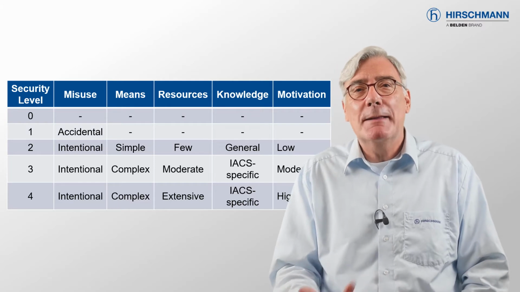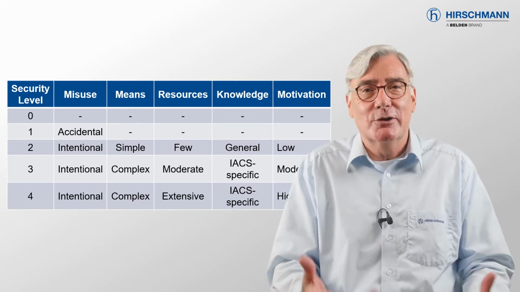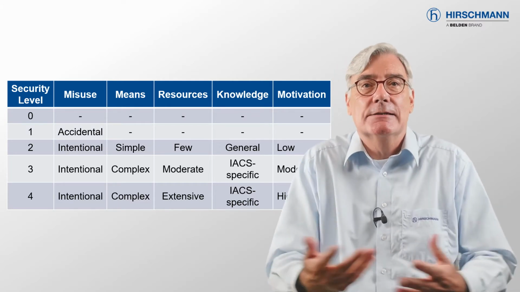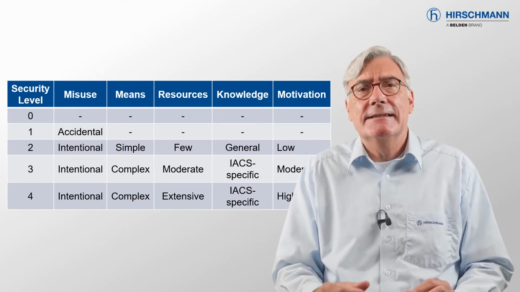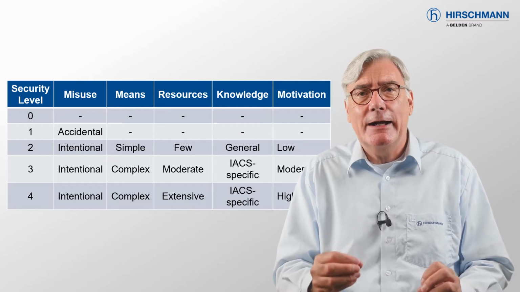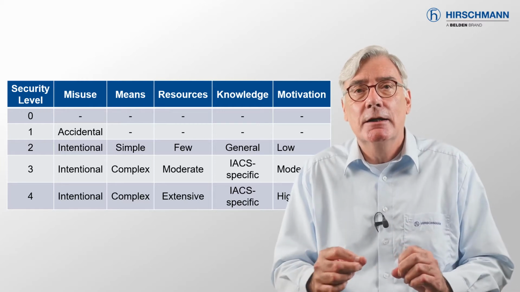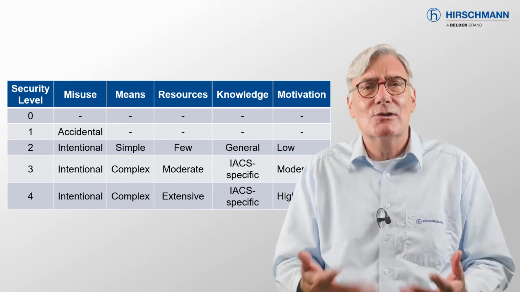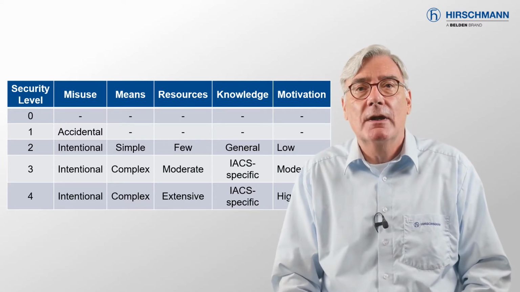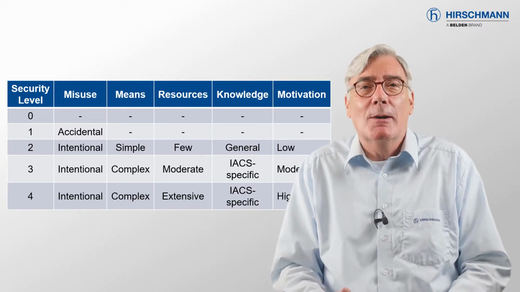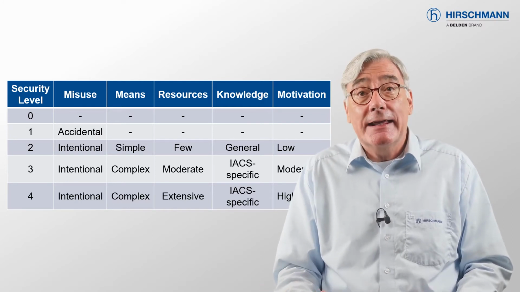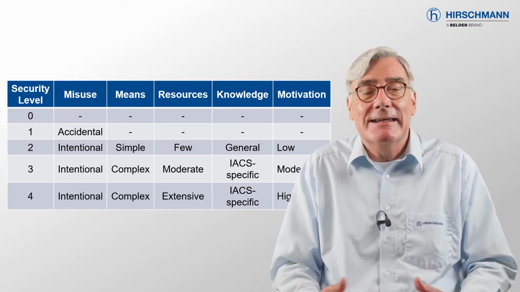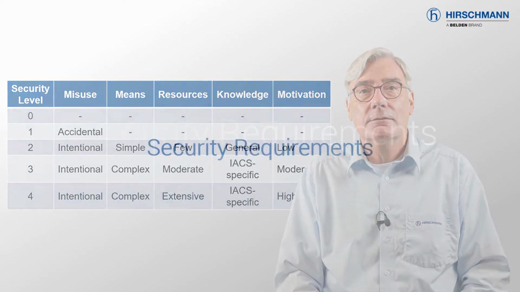This would typically be an organized group of hackers, such as a hacktivist collective. SL4 indicates that a device can withstand an attack by a nation-state, together with all the resources that state may have. In reality, SL4 compliance is many years away, and SL3 is viewed as a medium-term objective.